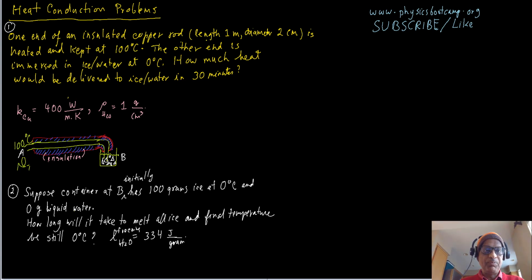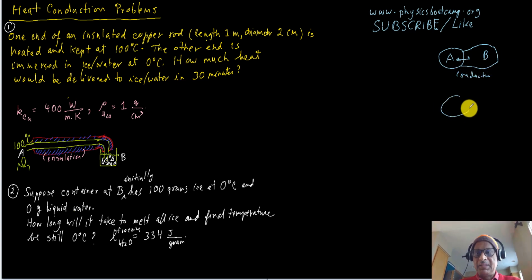So you might have studied that if you have an object A and another object B, maybe they're in contact with each other, then there is heat transfer through conduction. And so you have an object A and object B. There's no contact, but then still they can transfer heat through radiation.